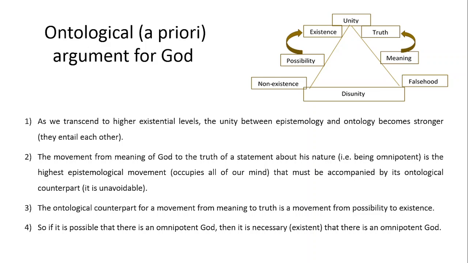That must be accompanied by its ontological counterpart. It is unavoidable due to the unity. Premise 3. The ontological counterpart for a movement from meaning to truth is a movement from possibility to existence. So if it is possible that there is an omnipotent God, then it is necessary or existence that there is an omnipotent God.